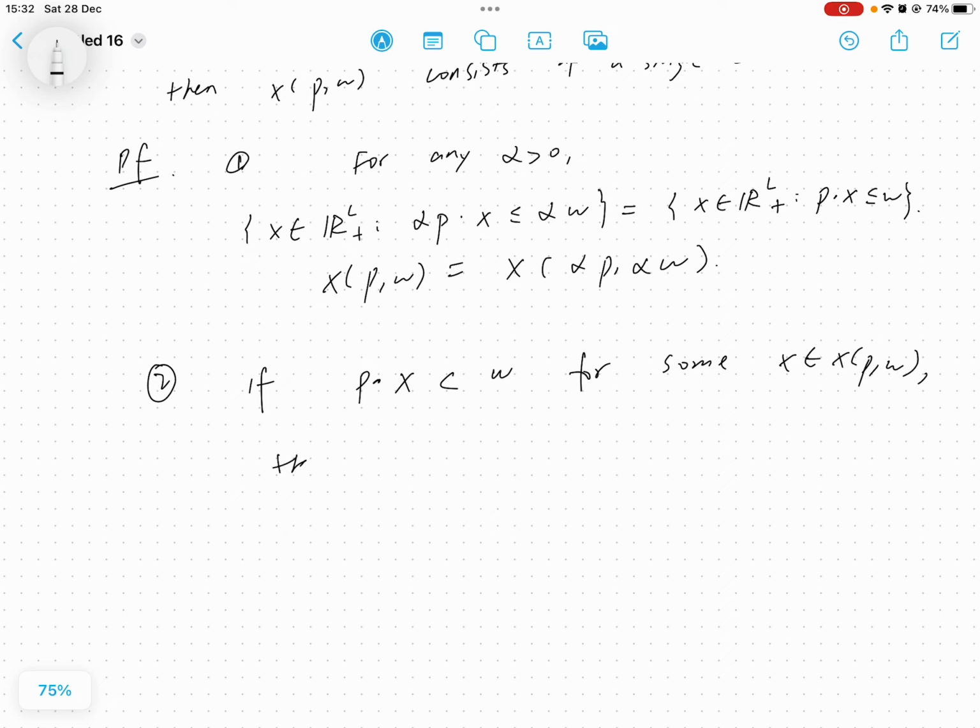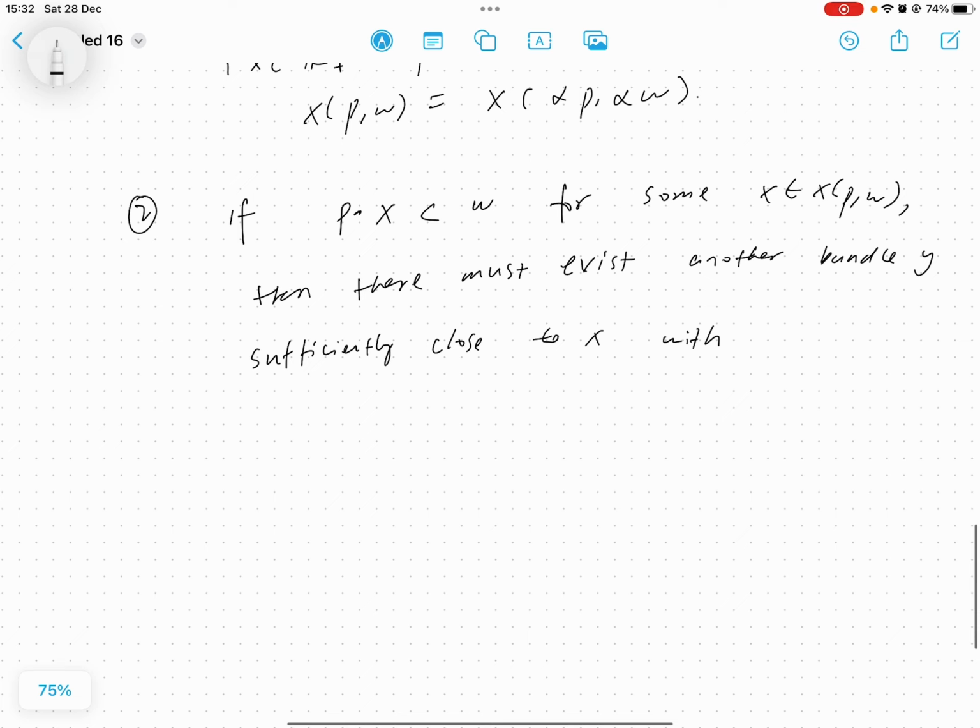Then there must be another point close to this, as we said, that is better than this. Another bundle y sufficiently close to x, but it also satisfies that p inner product y still satisfies the budget constraint.